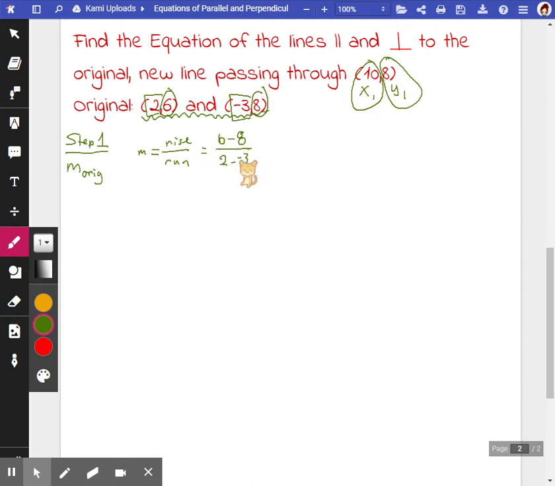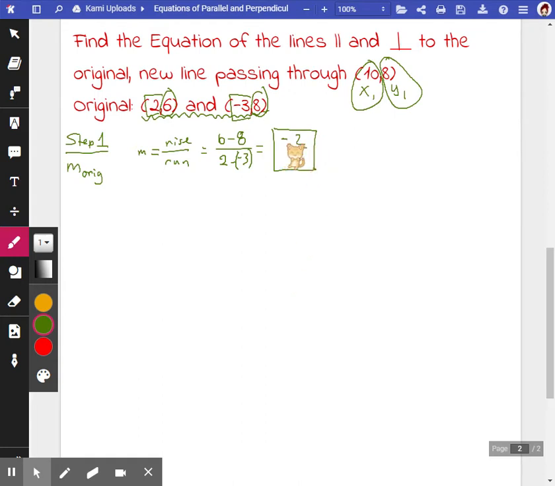Remember that when you have minus a negative number, keep track of your signs. You can write it like this, or you can use parentheses. 6 minus 8 is -2. 2 minus -3 is 2 plus 3, which is +5. So my original slope is -2/5.